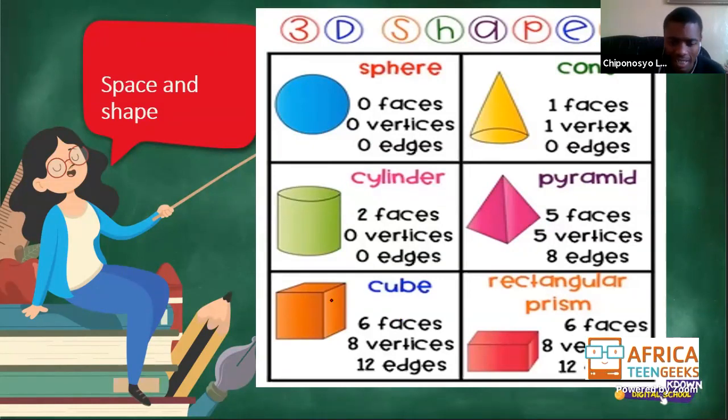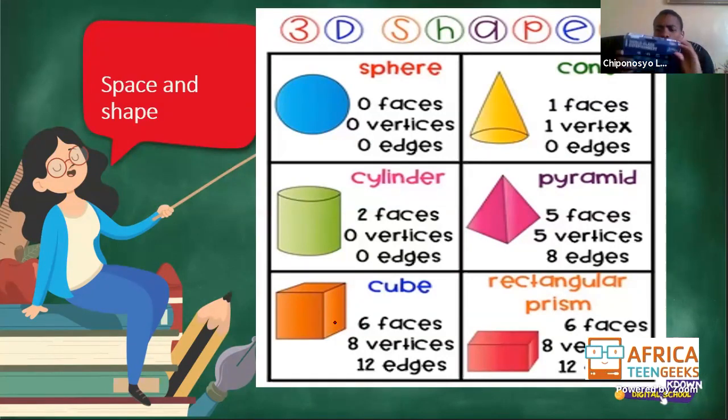A face is each 2D shape on the 3D object. In 2D we had sides, that's different. So the 2D shapes that make the 3D objects are what we call the faces. Each square in a cube is a face.